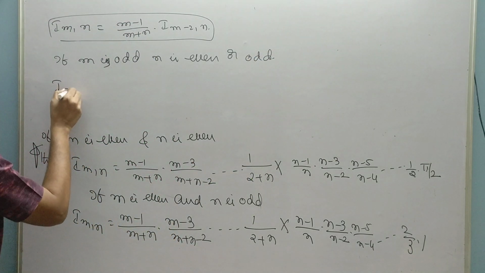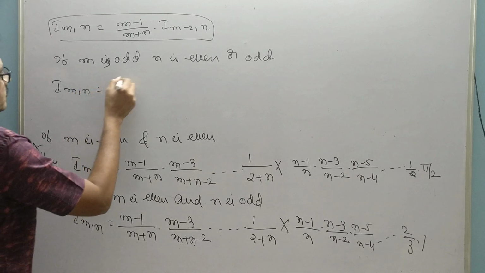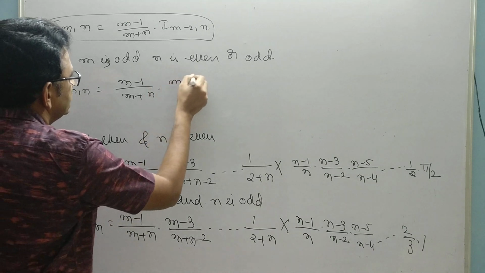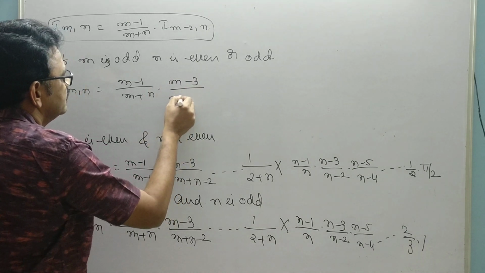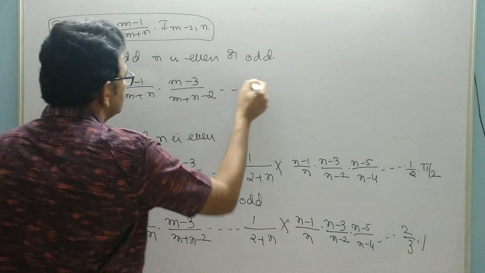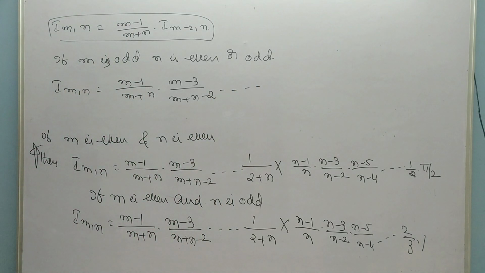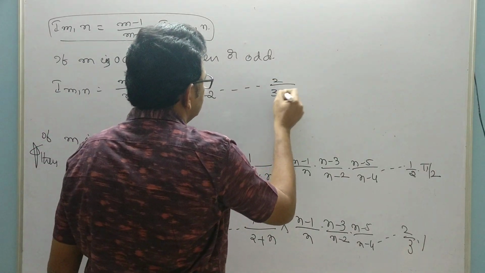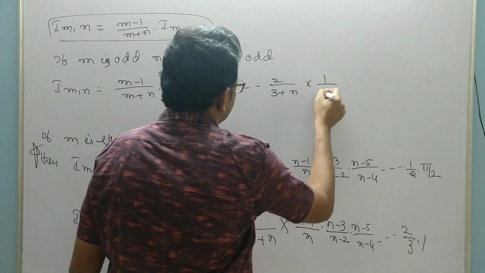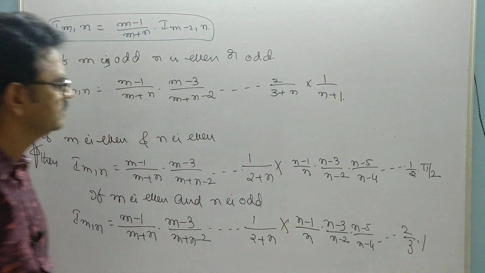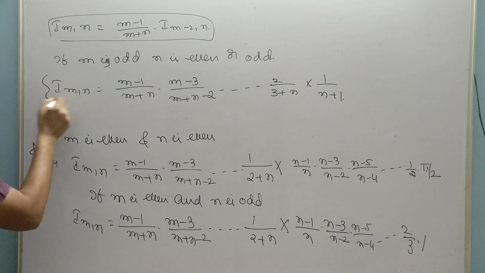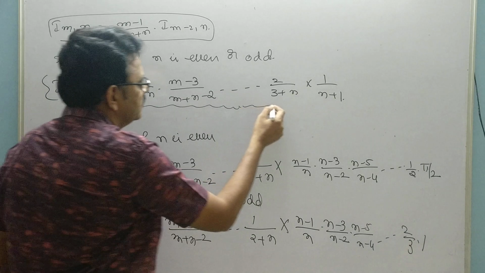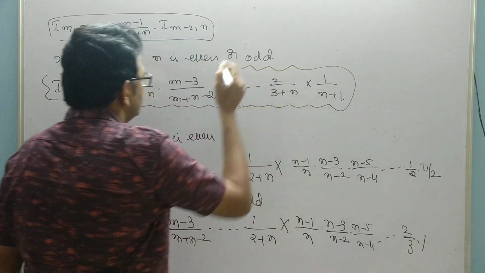So that is I(m, n) equal to (m minus 1) by (m plus n), (m minus 3) by (m plus n minus 2), and so on, 2 by 3 plus n into 1 by n plus 1. So these are important expansions. The majority of problems depend on these expansions only.